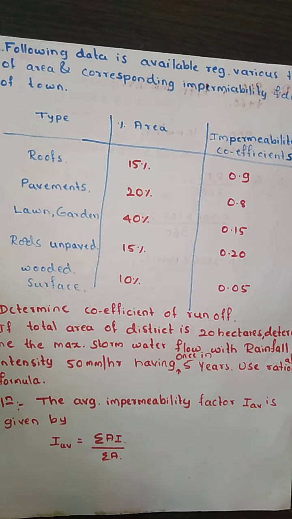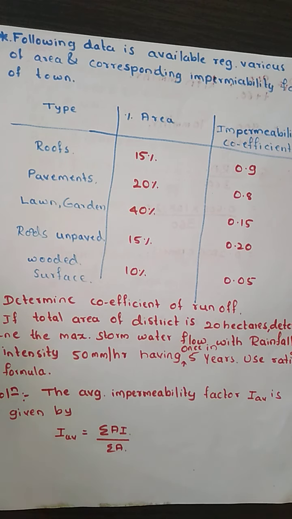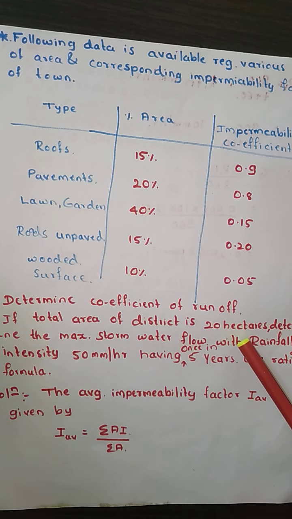Now we need to determine the coefficient of runoff if the total area of a district is 20 hectares.